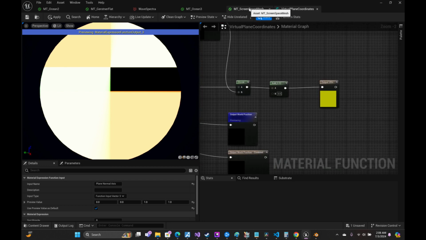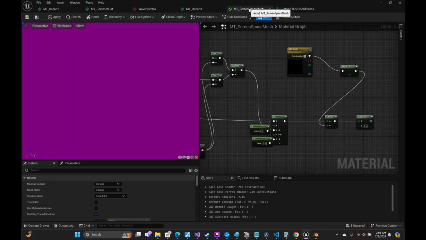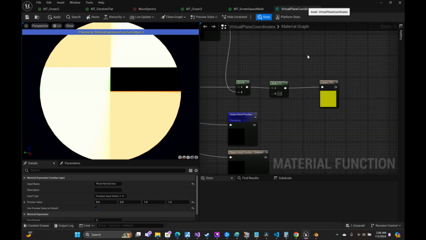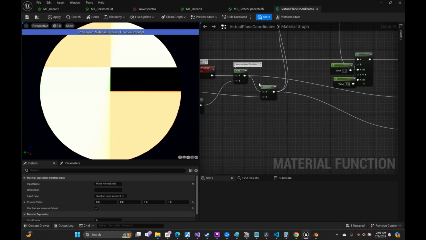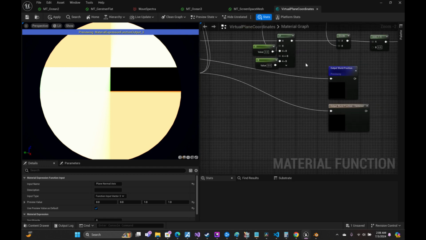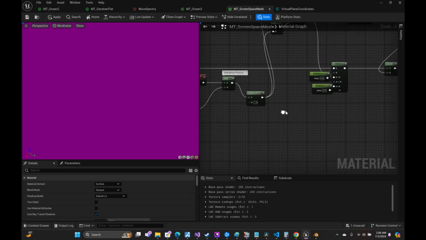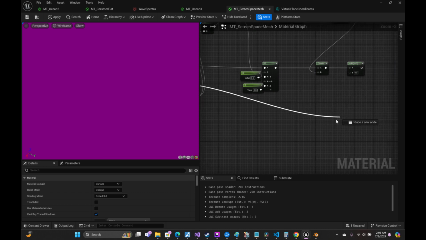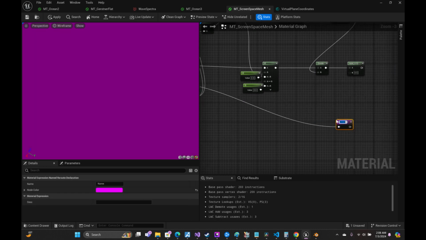Output. Okay, so that's the output. World position here. World position centered here. Okay, so named reroute, W pause.